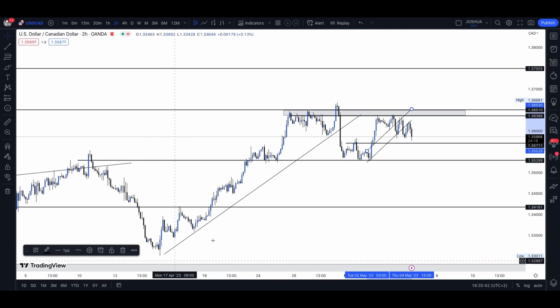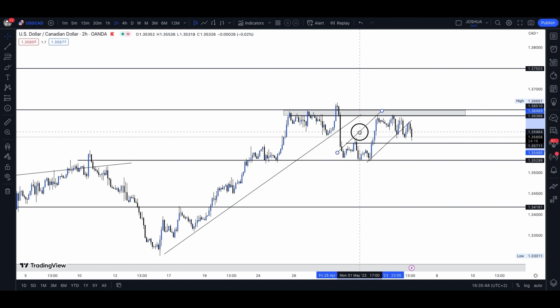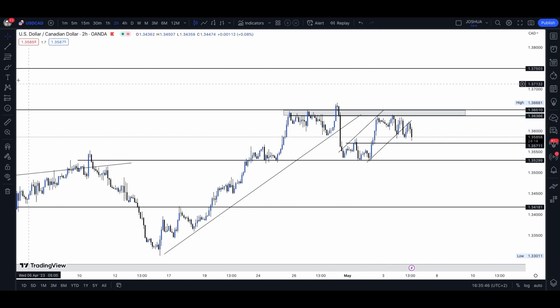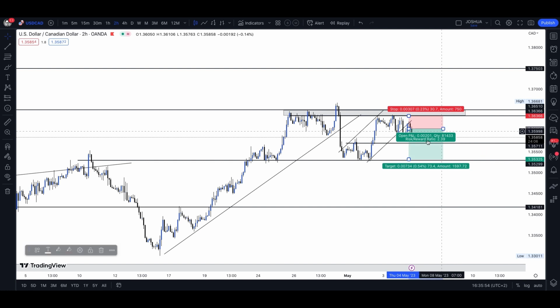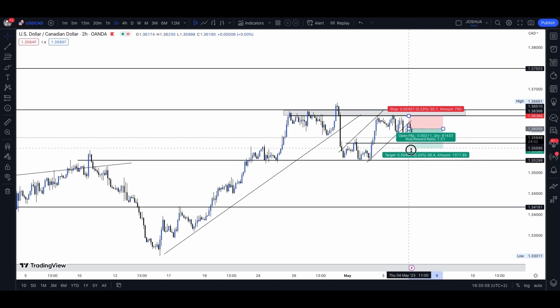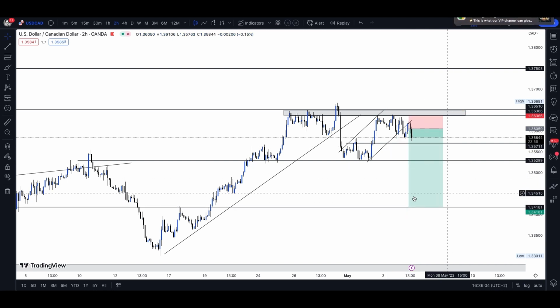And in between, we have that point. From there we would have caught this move, at that point, having our stop loss at 30 pips, aiming for TP1, TP2, TP3, and pushing it all the way to that point.